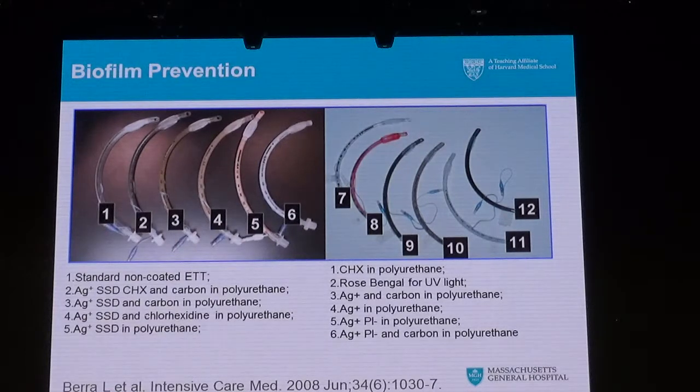So what we used was a combination of silver, sulfadiazine, and chlorhexidine with different agents, either carbon or other materials, and it can be used even with platinum. And then also Rose Bengal, on the right side you can see Rose Bengal for UV light.